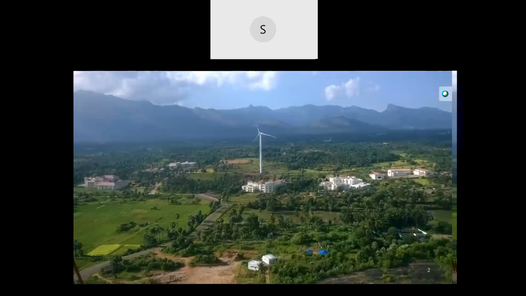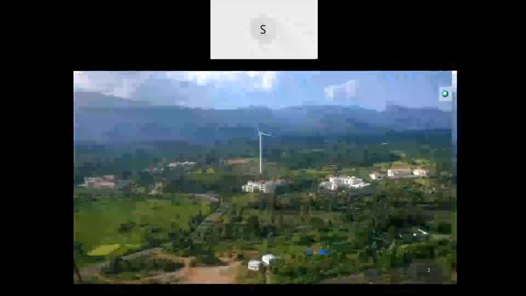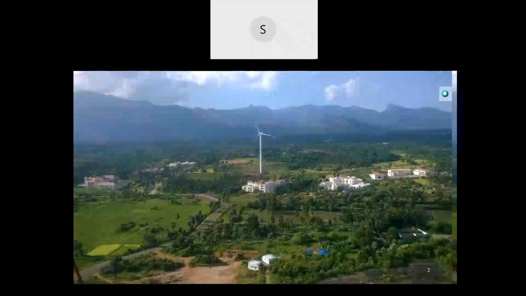As is the common case, this is producing power and selling to the grid, to the utility, that's the state electricity boards. And then, mixed with the regular contingency, this is being sold to the customers. This is the present practice.